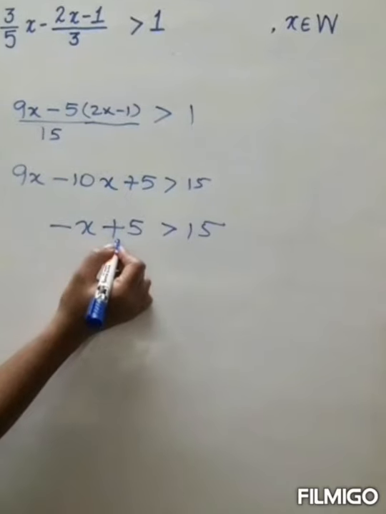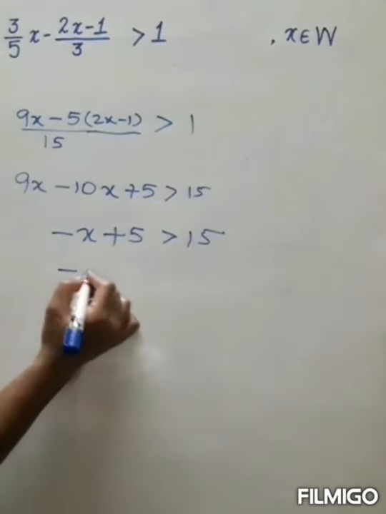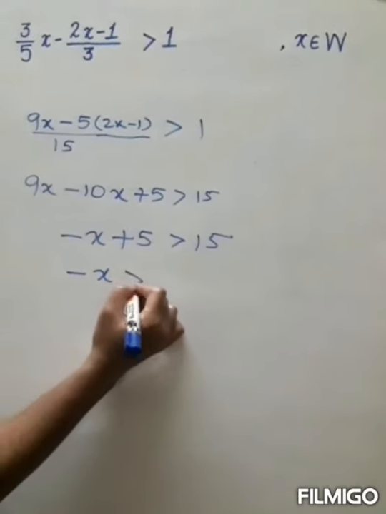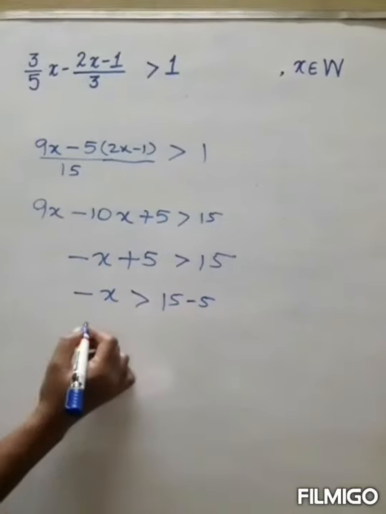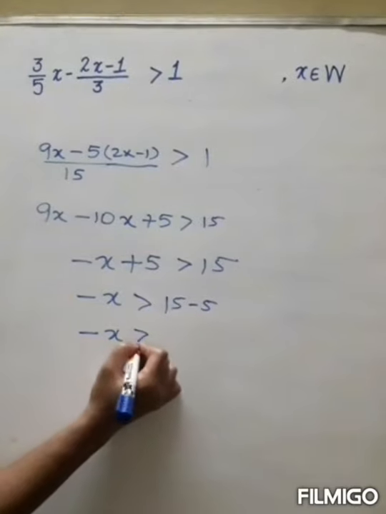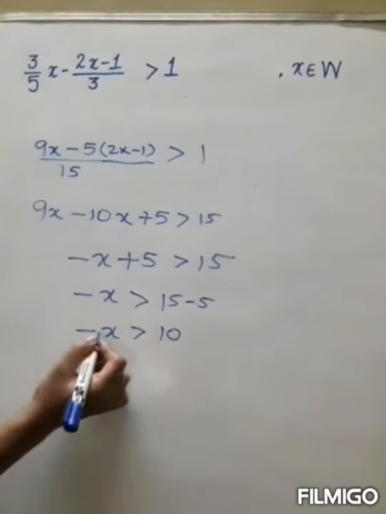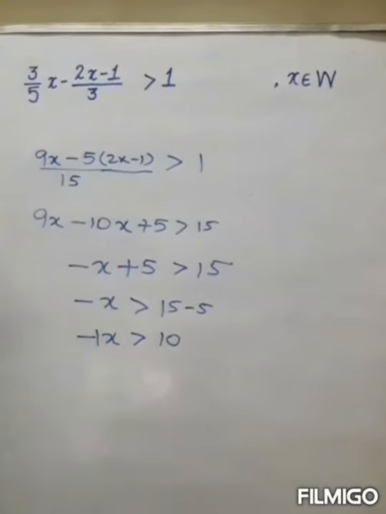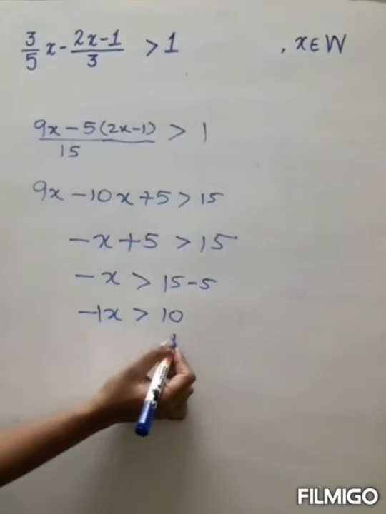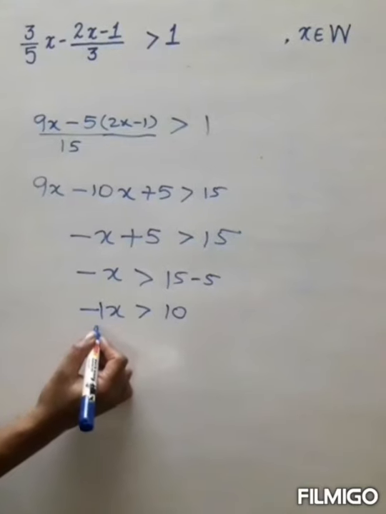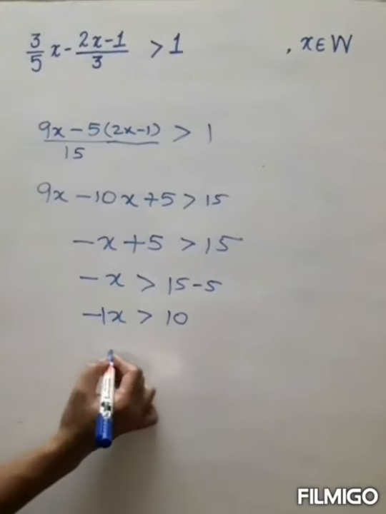Now this 5 is added here, so on the other side it will be subtracted. So we will have minus x greater than 15 minus 5, or we can write minus x is greater than 10. Now this minus x can be assumed as minus 1. Now we need to divide with minus 1 on the other side, and because we are dividing with a negative number, this sign is going to flip.